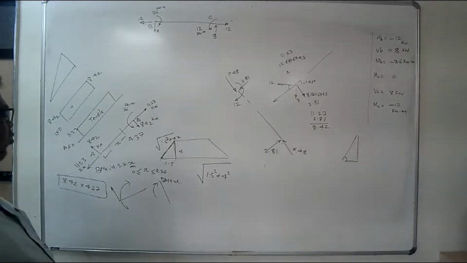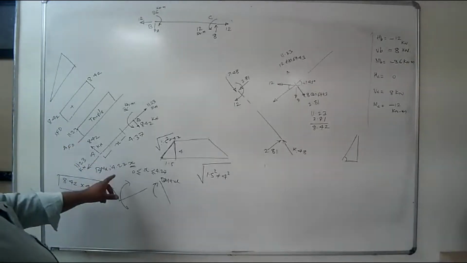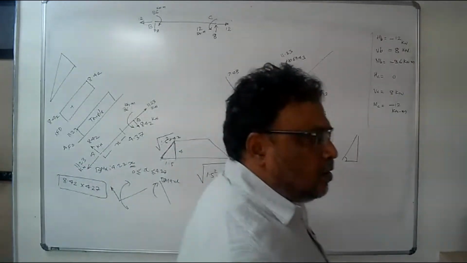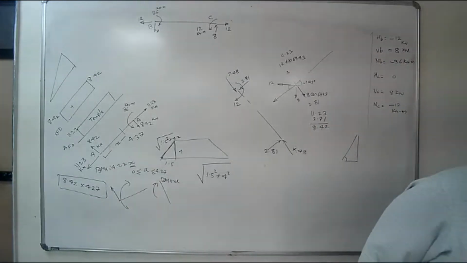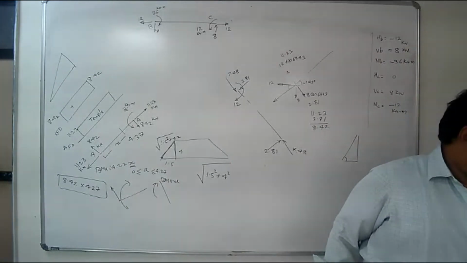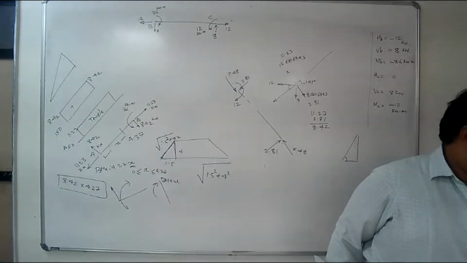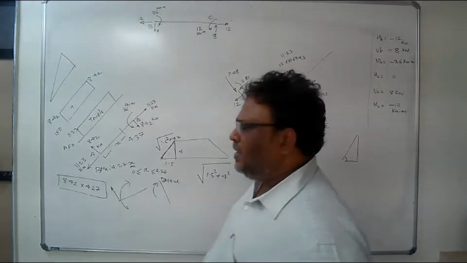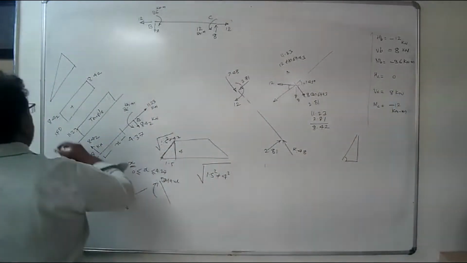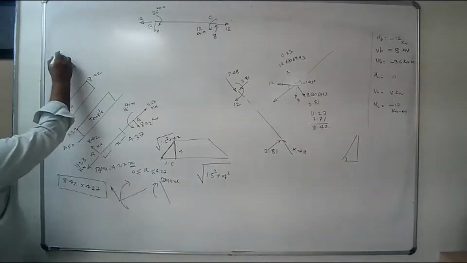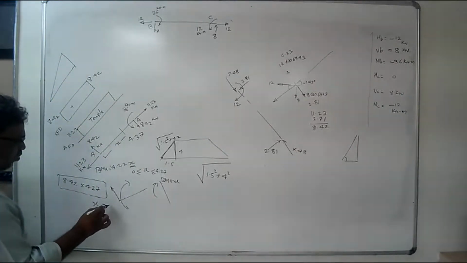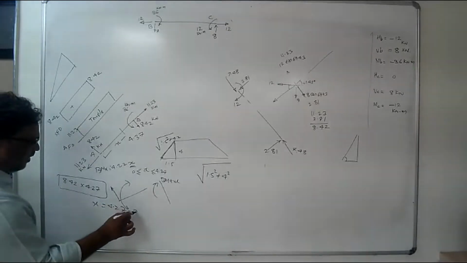Moment will be at this end. 35.96. So whatever that very small difference is, that must be because of approximation. So I consider that as 36. तो यहाँ पर 36 आएगा. When I put x is equal to 4.27, the bending moment is 36.